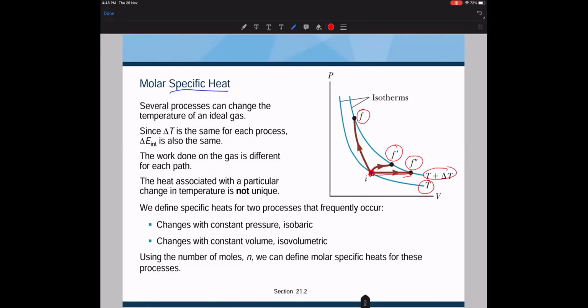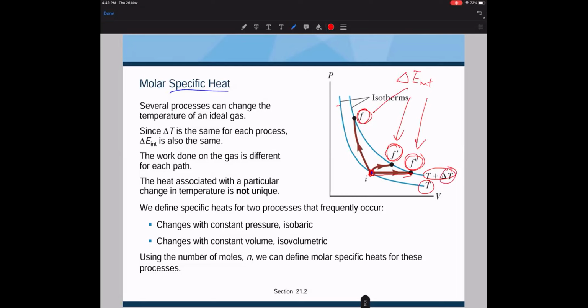So it means the internal energy of all the final states should be equal in this case, meaning that delta E is equal for all the 3 processes. The change of temperature is delta T.